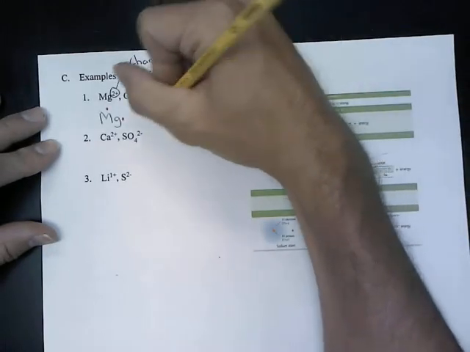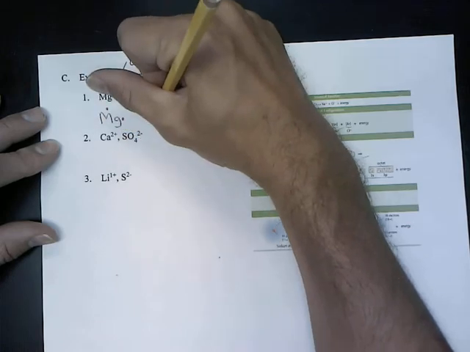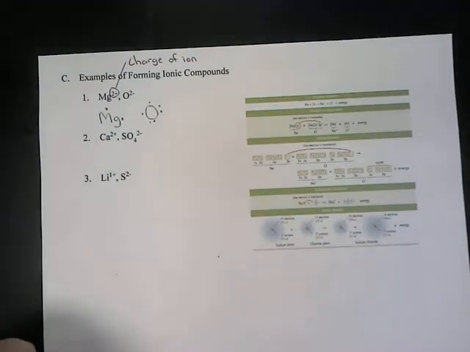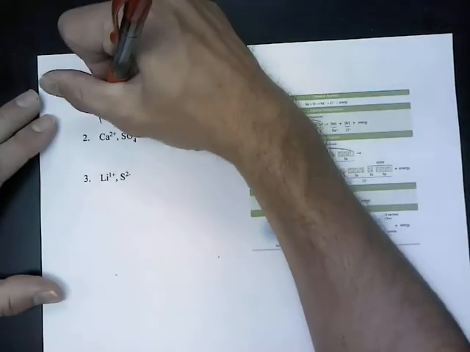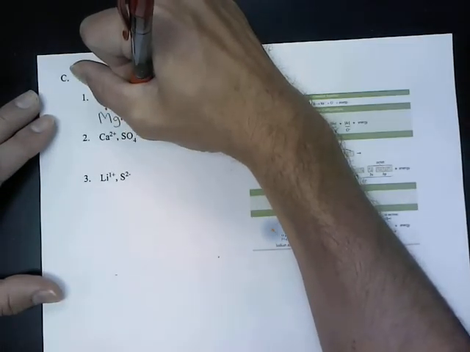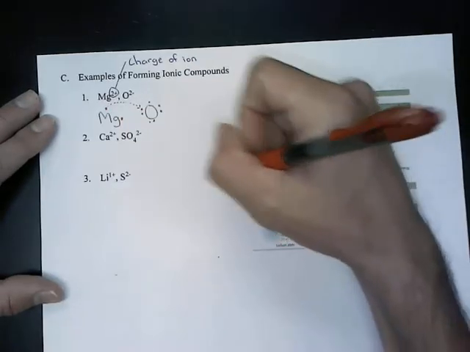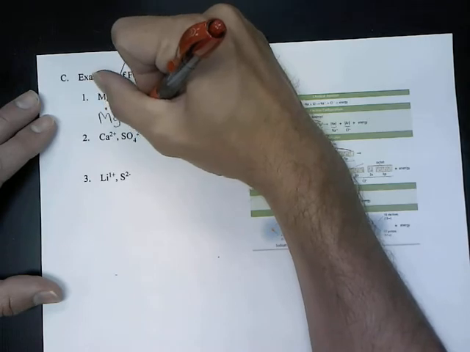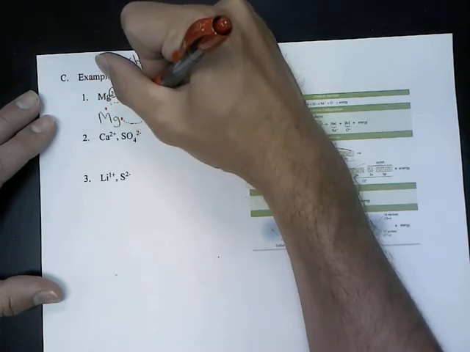The reason is that I am going to show how Mg develops a positive 2 charge and how oxygen develops a negative 2 charge. This is showing that one electron is transferred to oxygen, and then that second electron is also transferred to oxygen.